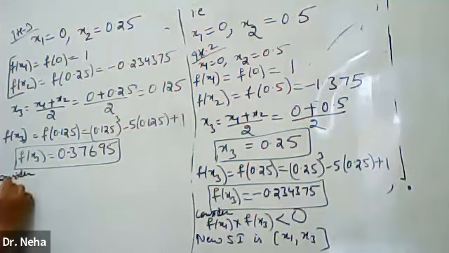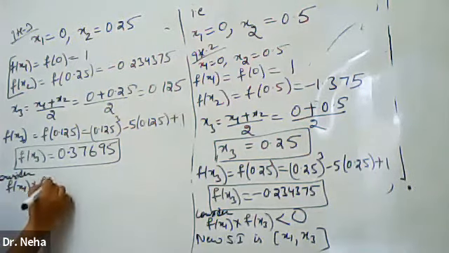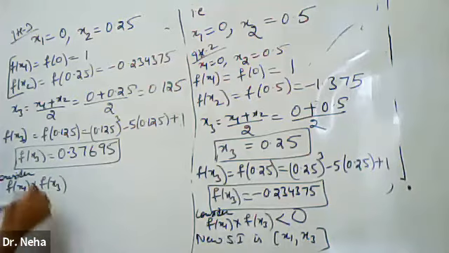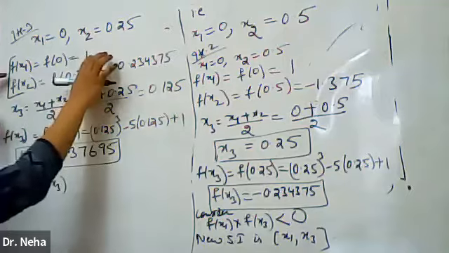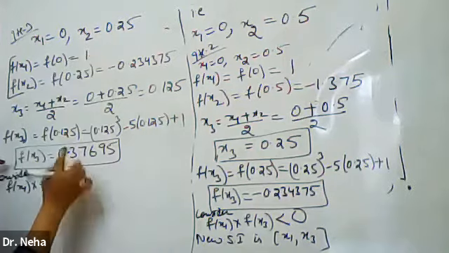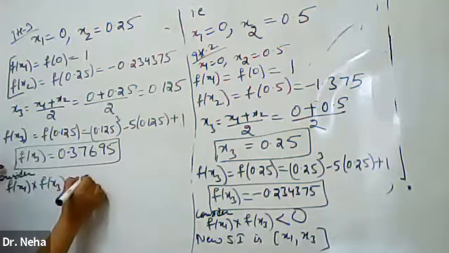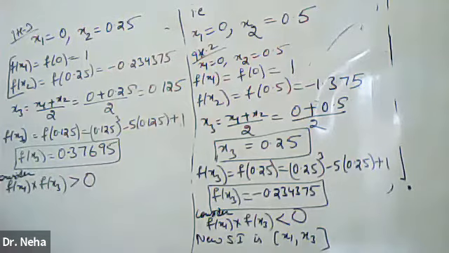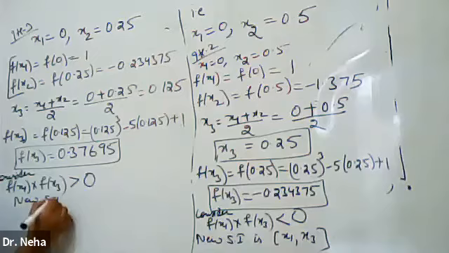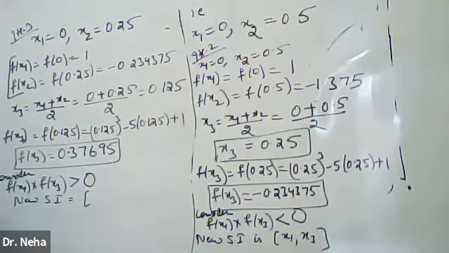Now see, again the same condition. Consider f(x1) multiplied by f(x3). Now there is some difference. f(x1) is positive, f(x3) is also positive. That means after multiplication you will get positive. Clear? Now the new search interval, what will it be? Now the condition is not satisfied.